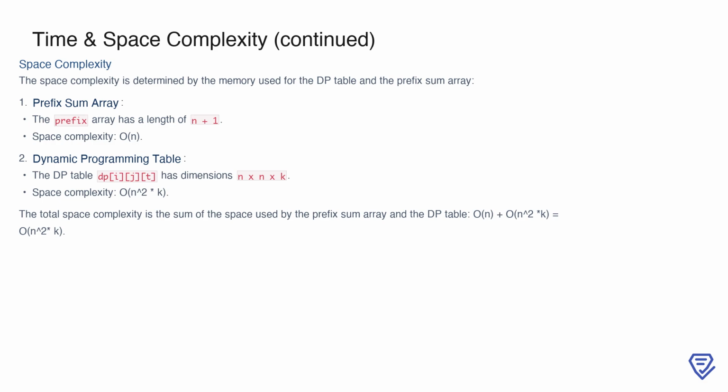This means its space complexity is O(n squared * k), as it grows with both the size of the input and the parameter k. When we combine these two components, the total space complexity becomes O(n) plus O(n squared * k). Since the second term dominates, we can simplify this to O(n squared * k). This memory usage is significant but necessary for efficiently solving the problem using dynamic programming.